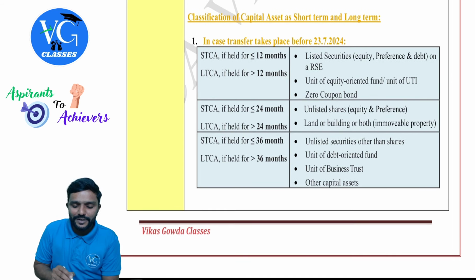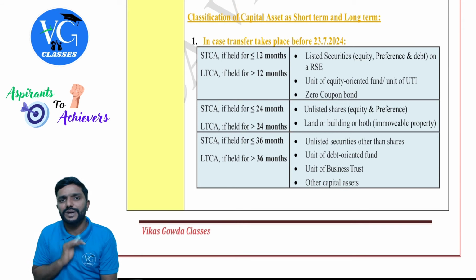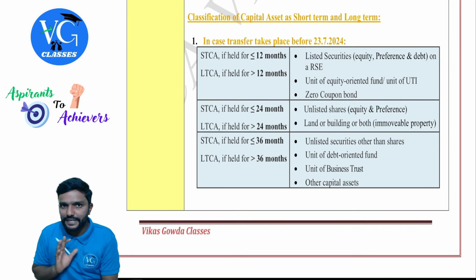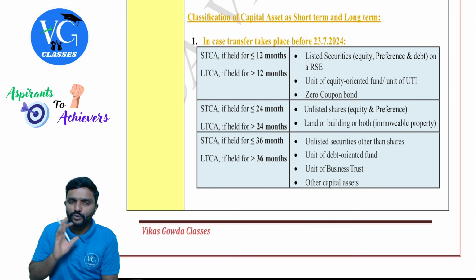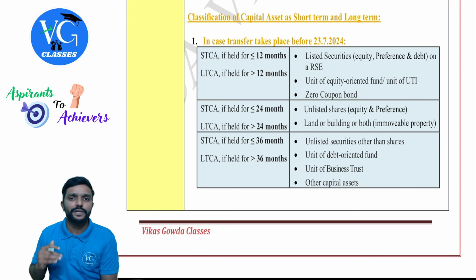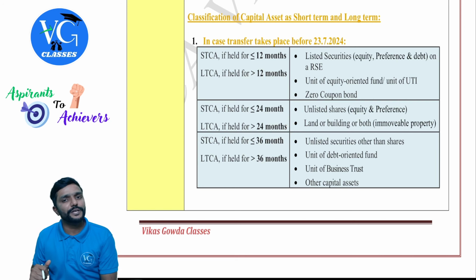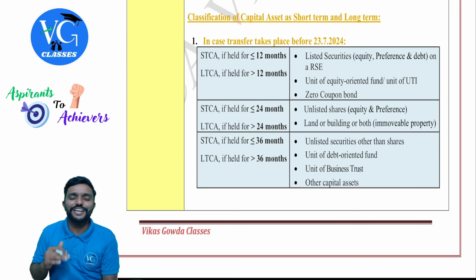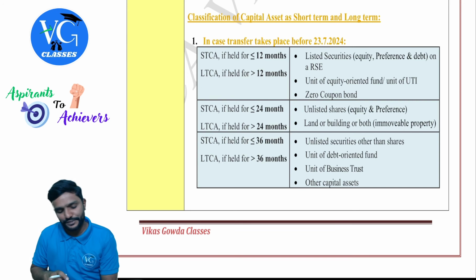Then coming to the 24 months category, there are two assets here: unlisted shares only, which doesn't include debt instruments, that is unlisted shares, both equity and preference, and land or building or both, which we also call immovable property. If these assets are held for more than 24 months, it is long term; less than or equal to 24 months means short term, guys.